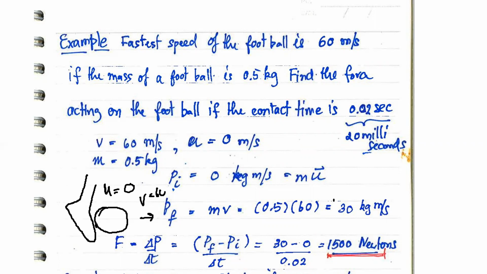If the mass of a football is 0.5 kilograms, find the force acting on the football if the contact time is 0.02 seconds, or what we call 20 milliseconds. Remember last time I said that 0.5 is a little bit too long. Well, actual contact times between two objects when they collide is around 20 milliseconds. The harder the surface, the shorter the contact time.